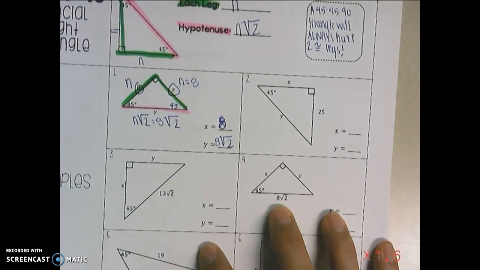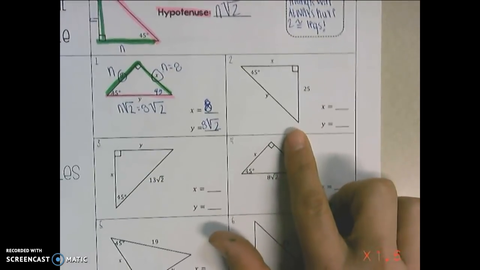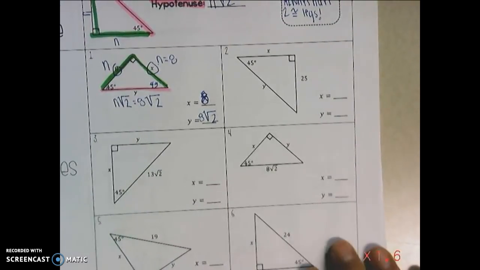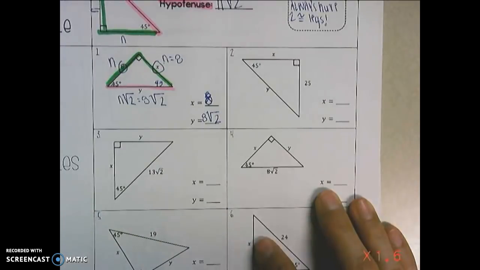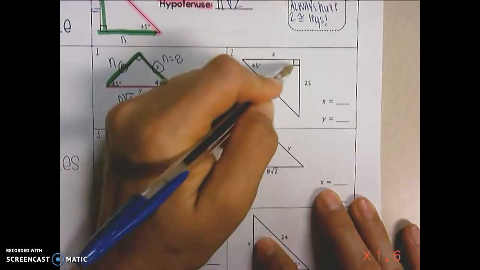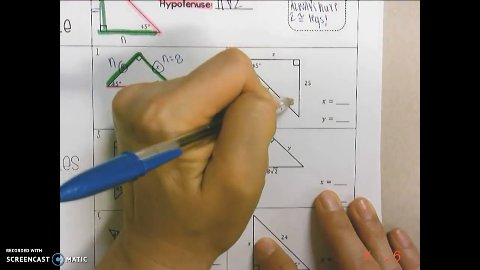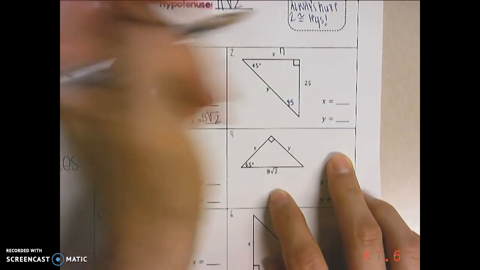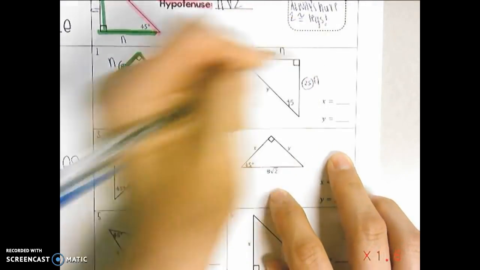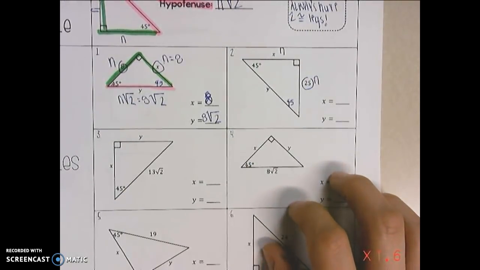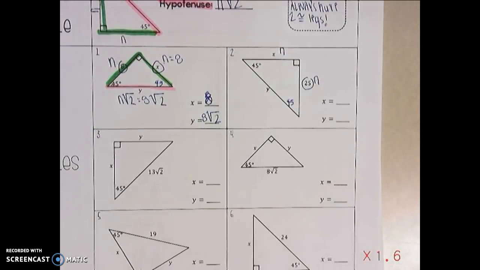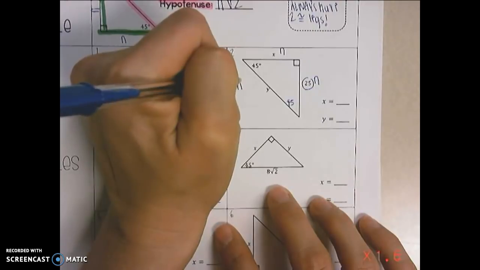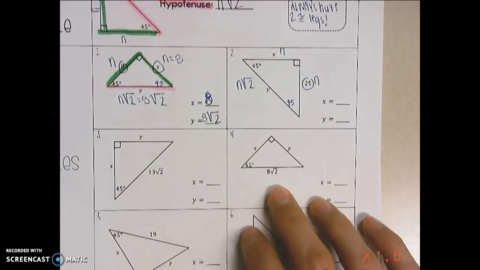All right, let's do another one. Let's do number 2 together. Again, if that's 45 and that's 90, then this has to be 45. I know that this is N, and that this is also N, which means that this is N rad 2.